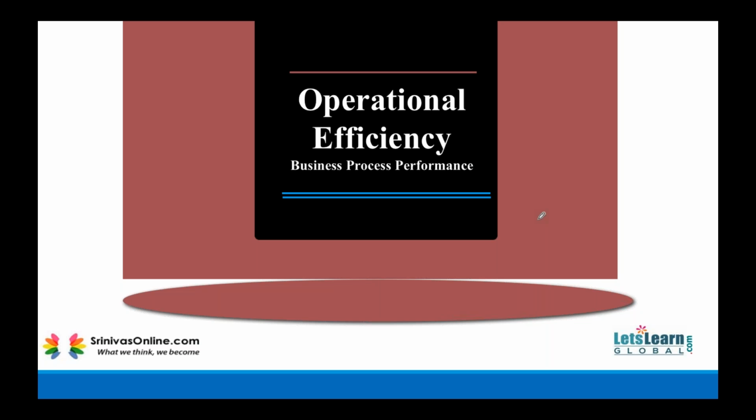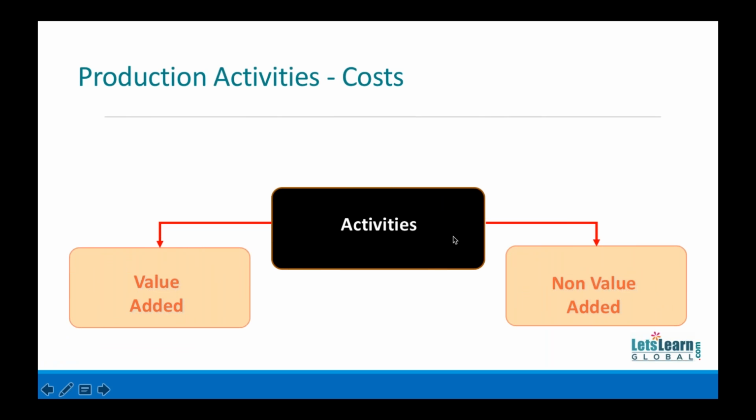Here, adding value to the product means that with this cost, the cost of the production and the cost of the supply chain will go up, but not the quality and performance. So any cost which does not add value to the product, we call it non-value added cost.